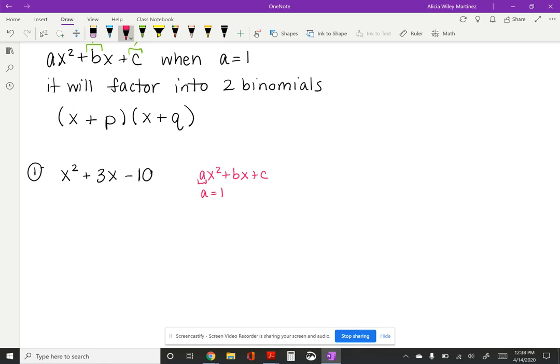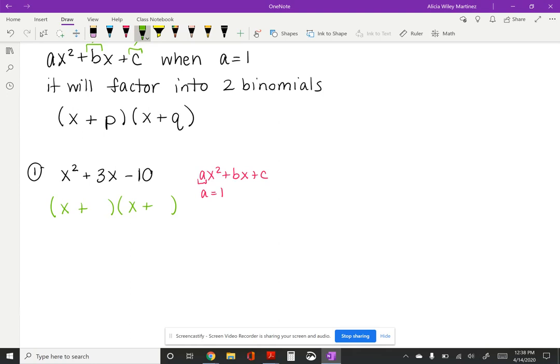When I recognize that form, I know that my factored form is going to be of the form x plus some number times x plus some other number. And remember, the reason why it's x and x is because when you multiply those first terms, that x times x, that's where that x squared is coming from. Okay, so we're sort of taking that x squared and splitting it up.